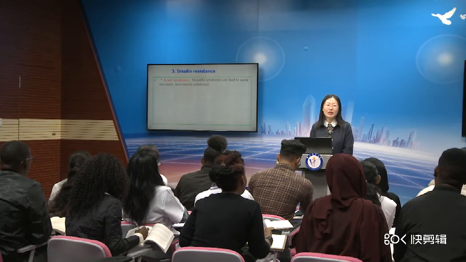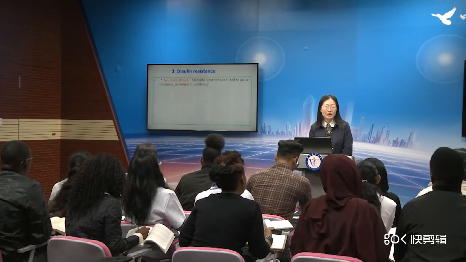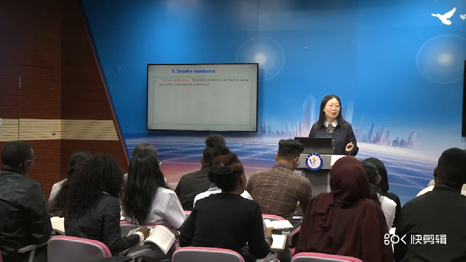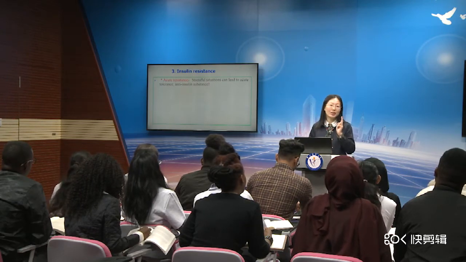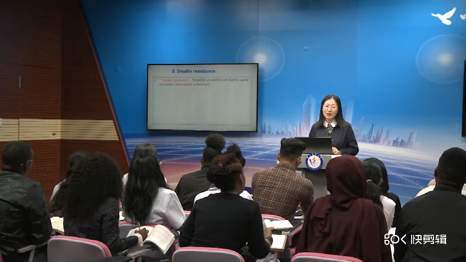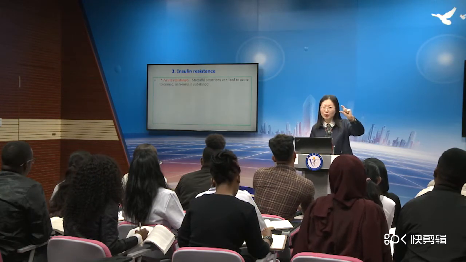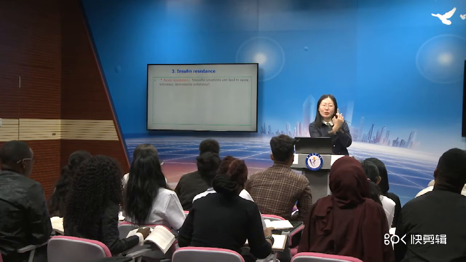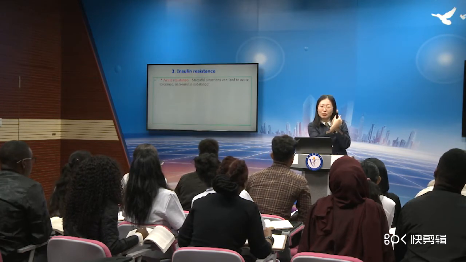What's the meaning of acute resistance or chronic resistance? It means the patients need to use more than 200 units of insulin each day. Do you know 200 units? One bottle of insulin is 200 units, almost this volume.